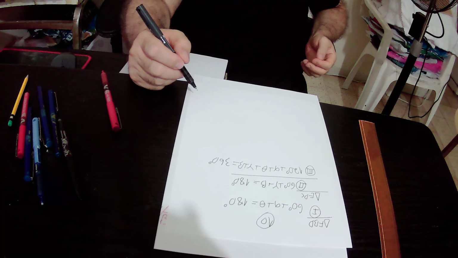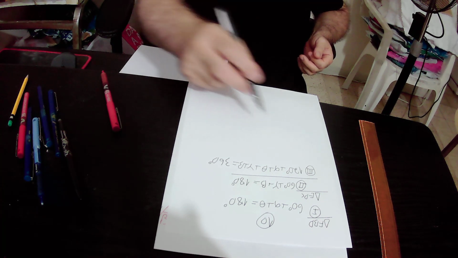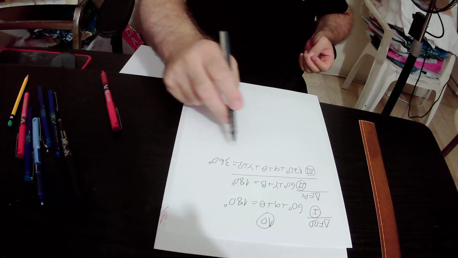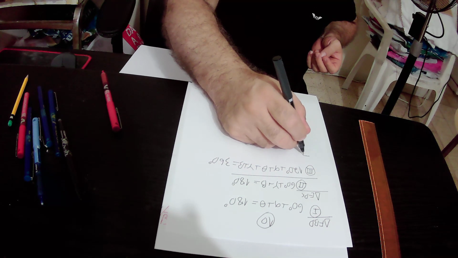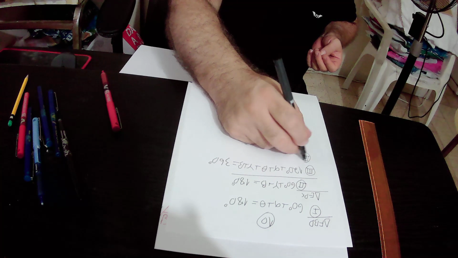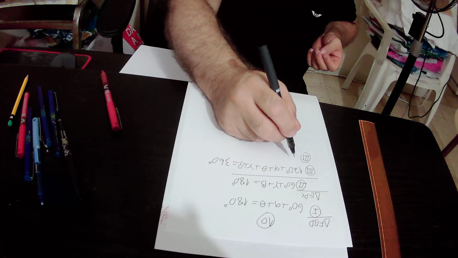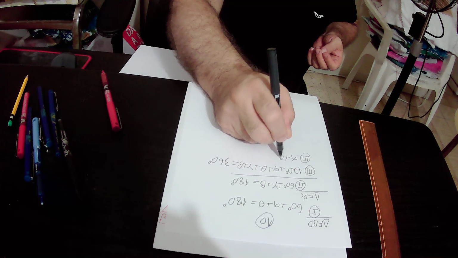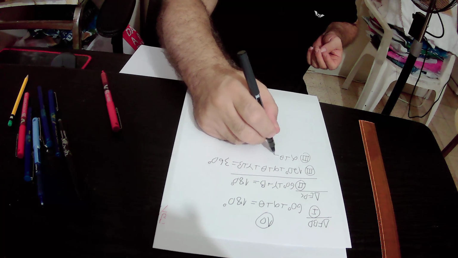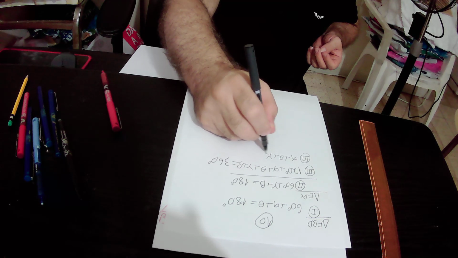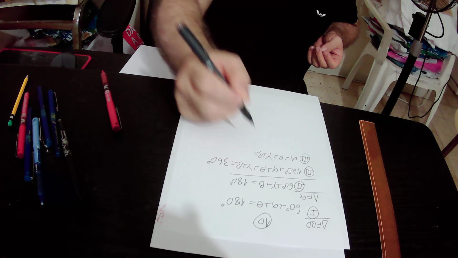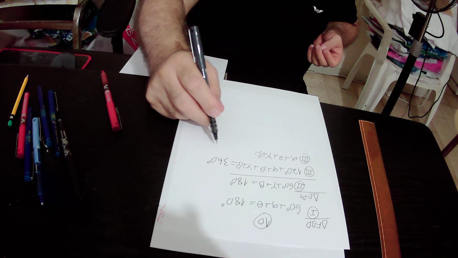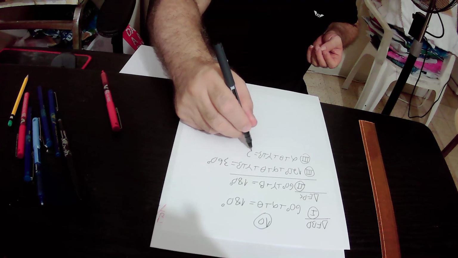In equation number 3 we can subtract 120 degrees from both sides of the equation, and we will get that 120 degrees minus 120 degrees is 0, and we have here alpha plus theta plus gamma plus beta equals 360 degrees minus 120 degrees, which is 240 degrees.